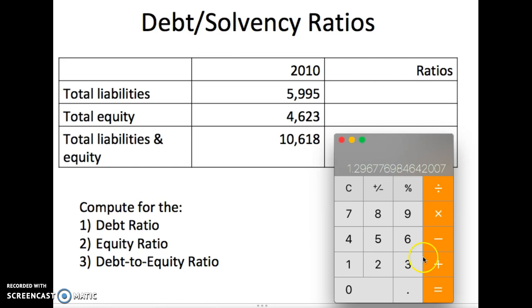We take it as a decimal value. You can see here that's 1.30. If you have a value higher than 1, then it means that the company is funded more by debt. And we can double check with our data here. And as we can see, indeed, we have a higher value for total liabilities.